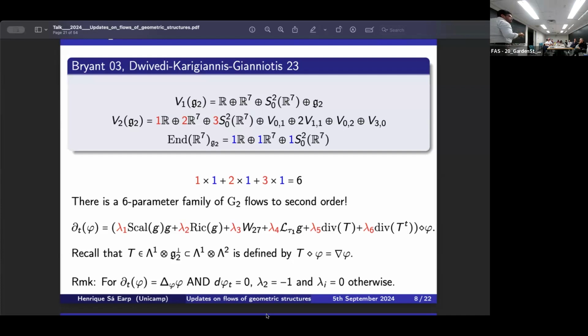There are two main ways you can discretize this. One is by taking finite differences around the neighborhood. So you pick one point where you want to compute the evolution of the flow and you pick some 7 simplex around it, and you compute finite differences of the forms, but this is not the best way.